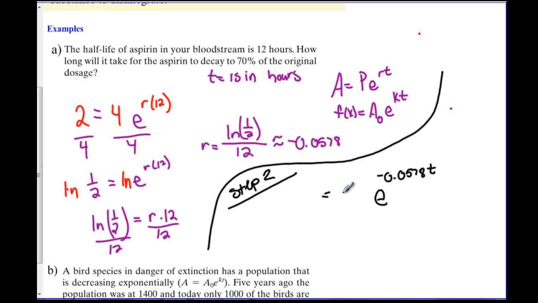Or 10, or 1, whatever. We're going to end up the same place regardless. So 70% of 100 is perfect. First step is to divide by 100. So 70 over 100 is just going to be 0.7.